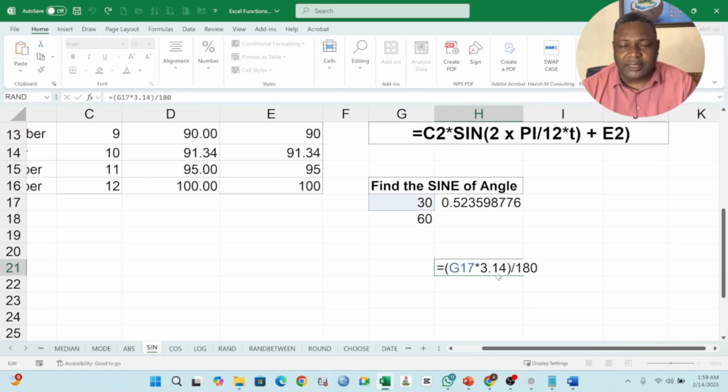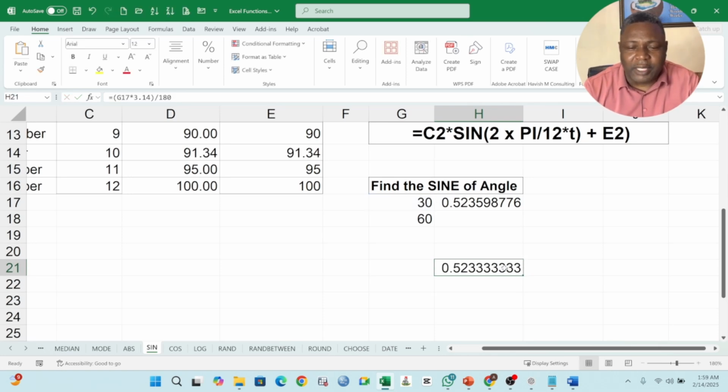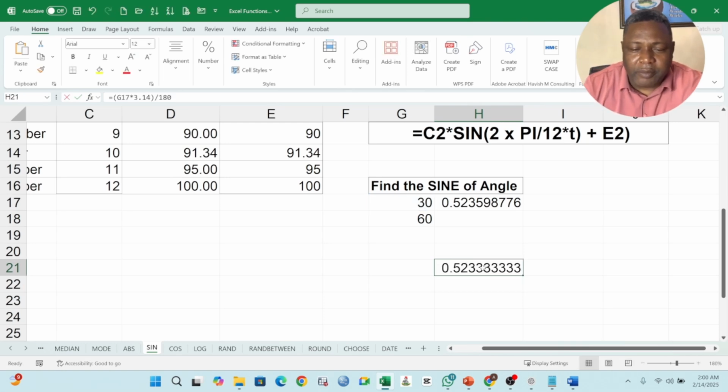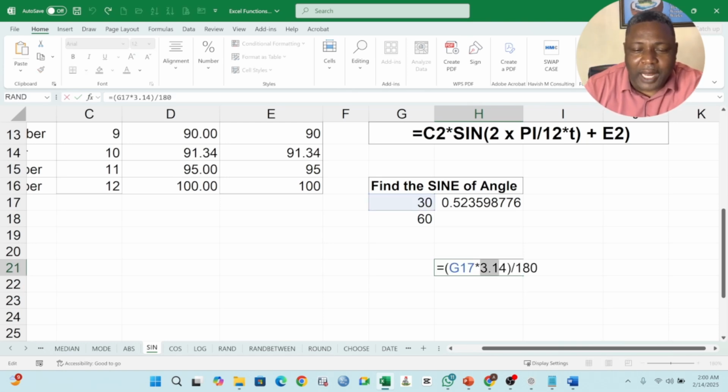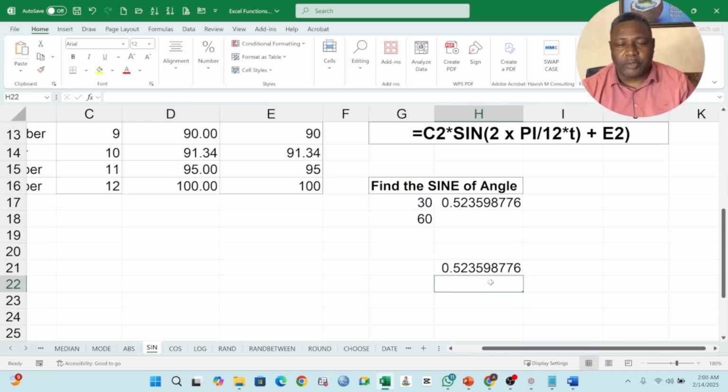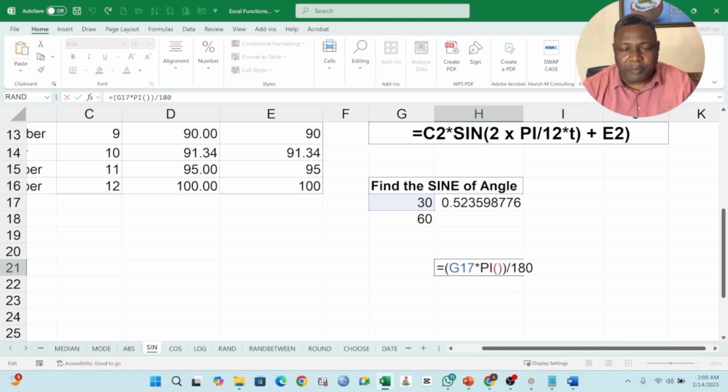The reason for the difference is because pi itself has some additional digits, but I just gave a very short one. If you want to avoid that, you can use the PI function like this. If you use the PI function, you see that I get the same value.